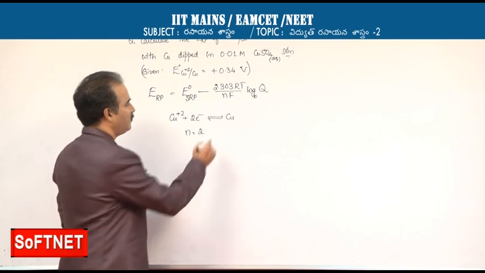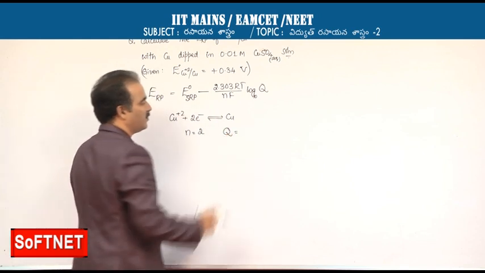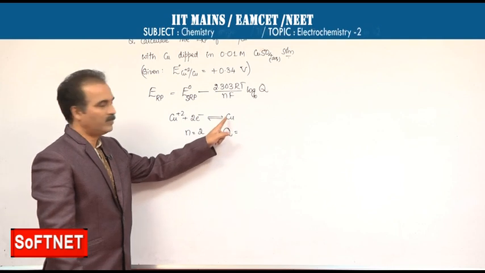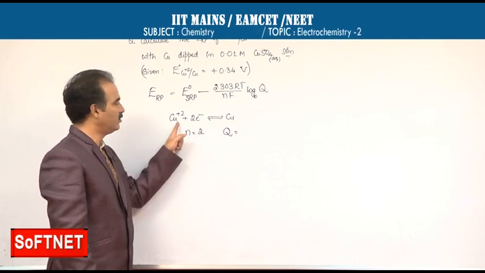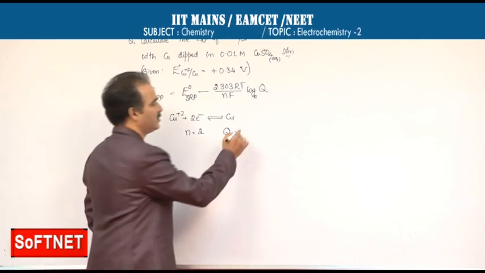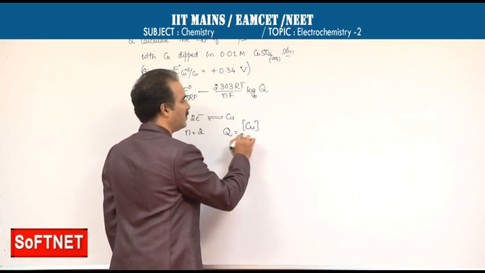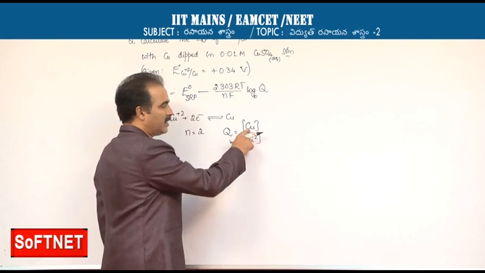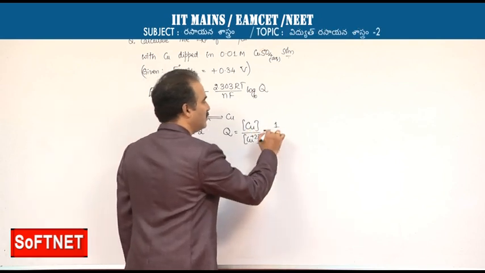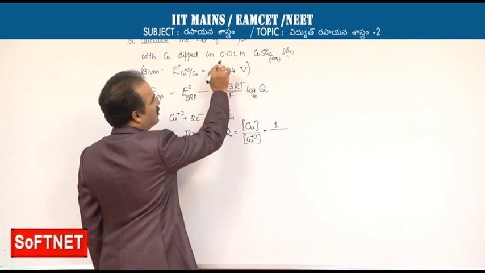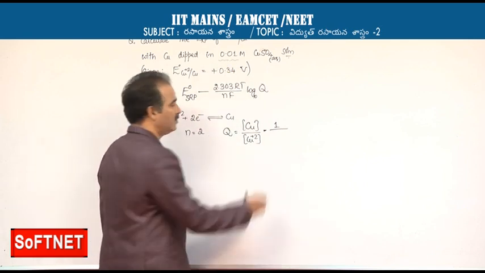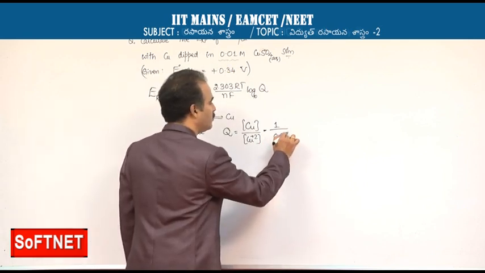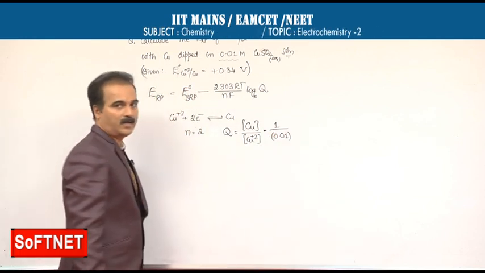Then, if you write the equilibrium quotient for this, it is nothing but the concentration of product to the concentration of reactants: the concentration of copper metal by the concentration of copper plus 2 ions. As the active mass of copper is 1, it is 1, and the copper plus 2 concentration was mentioned to be 0.01. This is the Q value.